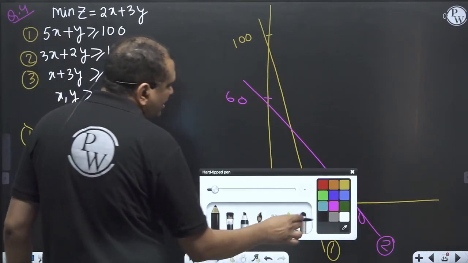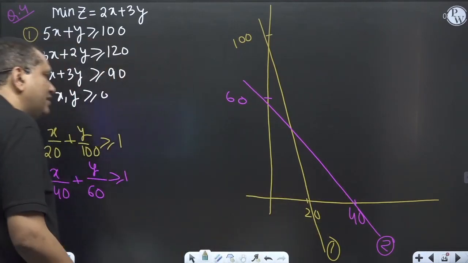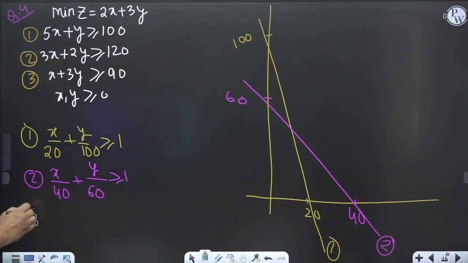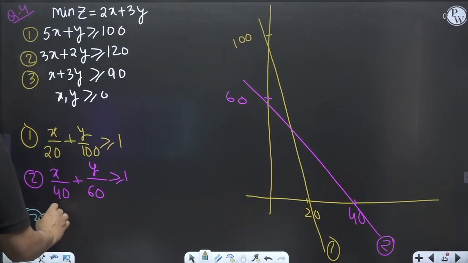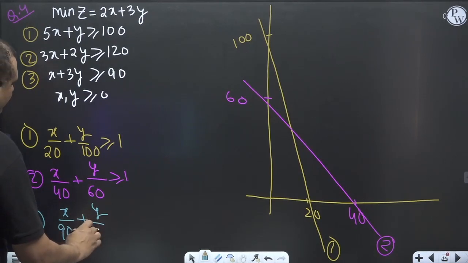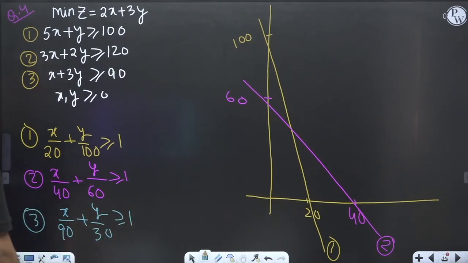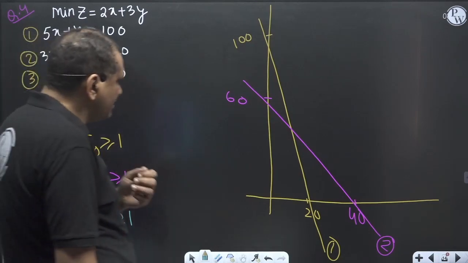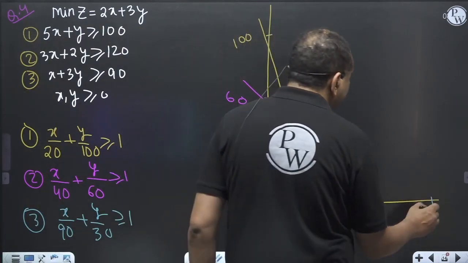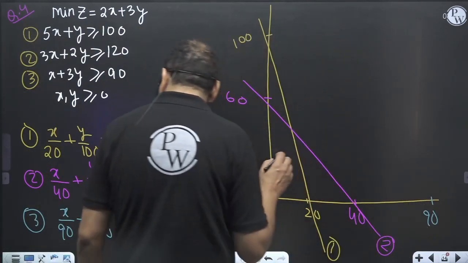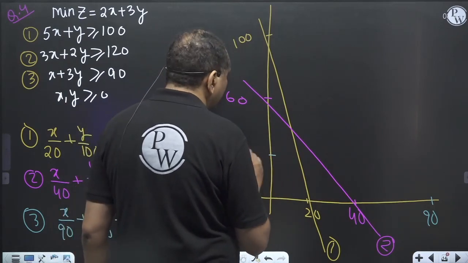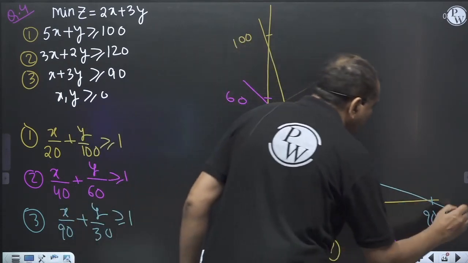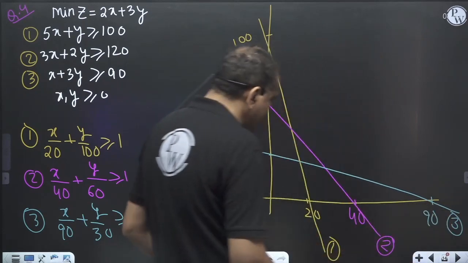For each constraint, I am using a different color, so that it is good for you. x divided by 90 plus y divided by 30 is greater than or equal to 1. So, x-axis intercept is 90, y-axis is 30. This is the third constraint.